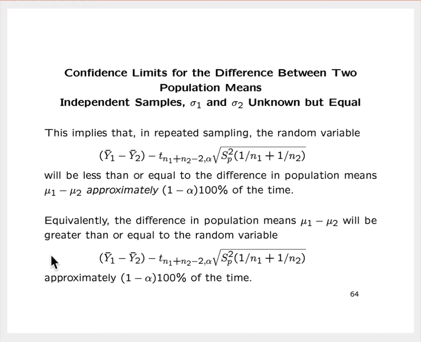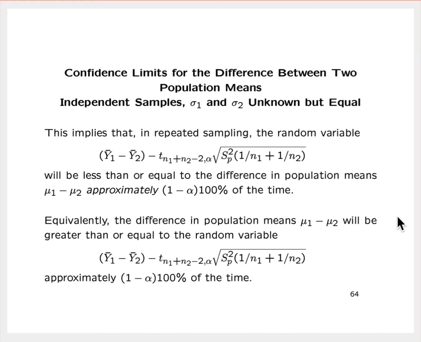That implies, in repeated sampling, that the random variable given here will be less than or equal to the difference in population means mu1 minus mu2 approximately 1 minus alpha times 100% of the time. Equivalently, we can state that in terms of mu1 minus mu2.